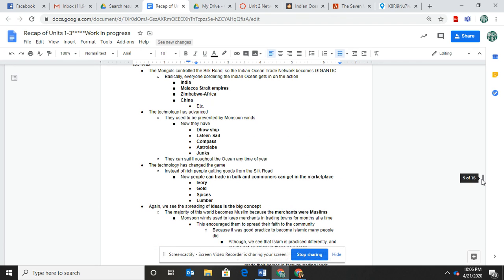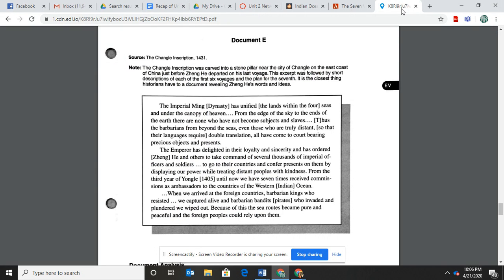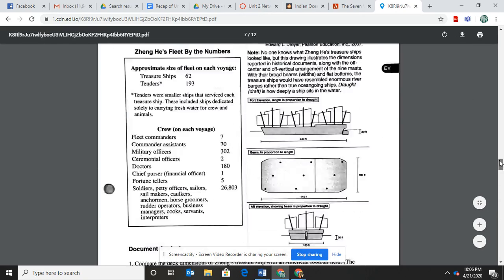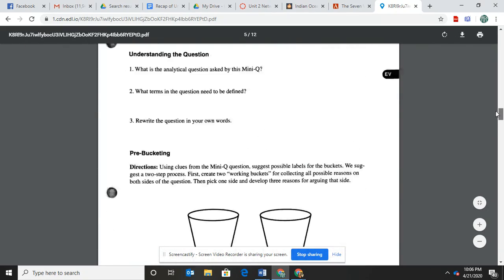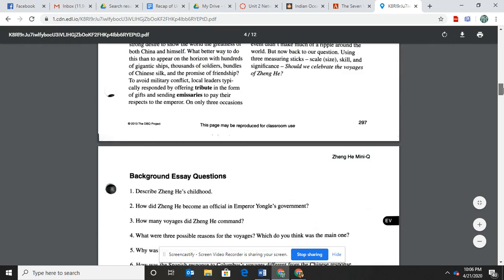So let's look at Zhang He a little bit more in depth here. All right, so this is Zhang He. I will have this for you as an attachment.